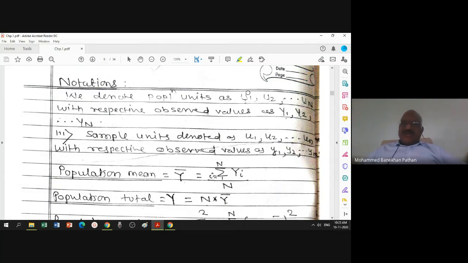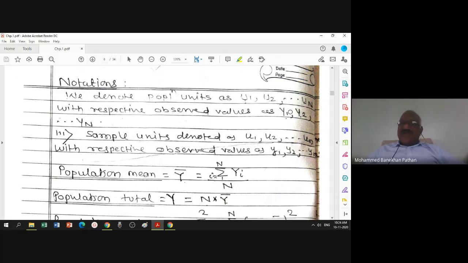So from the corporation, I will get the entire record of the number of houses. That means the number of families. So U1, I will say family 1, U2, family 2, like this up to the last family recorded, with respective observed values Y1, Y2, up to YN.